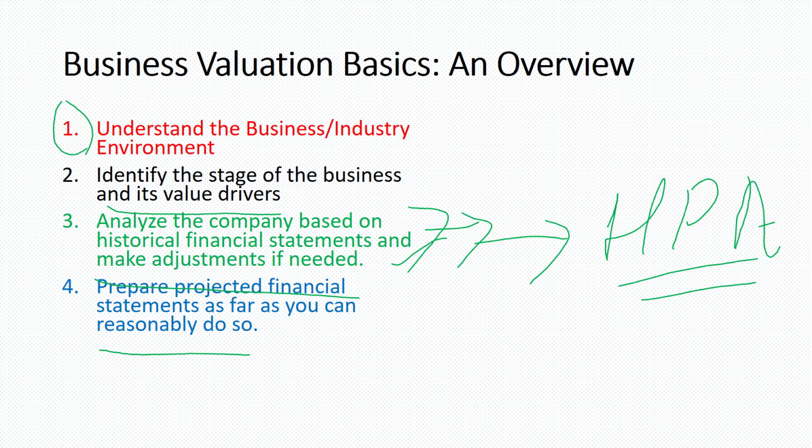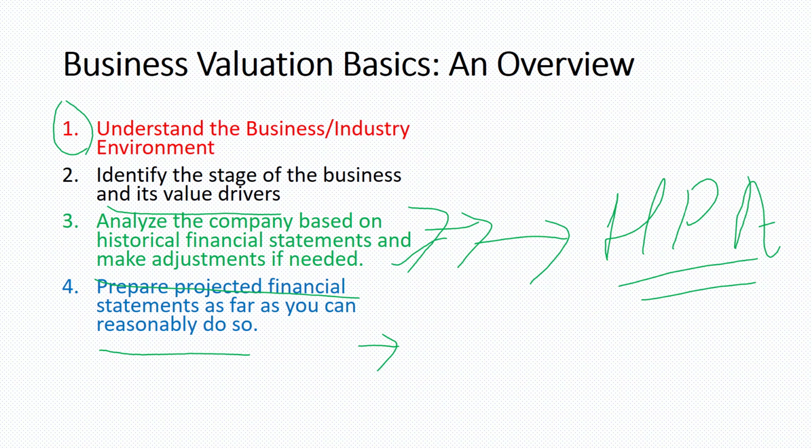So based on all the information you have gathered so far, you have to prepare the projected financials for as long as you can, and beyond that planning period, you have to make some sort of reasonable assumptions on how the company or the business is going to grow.